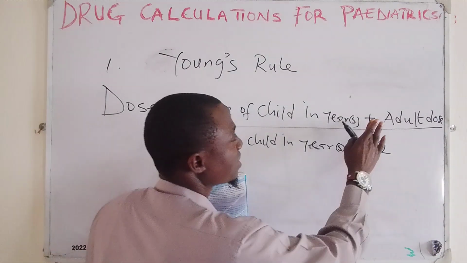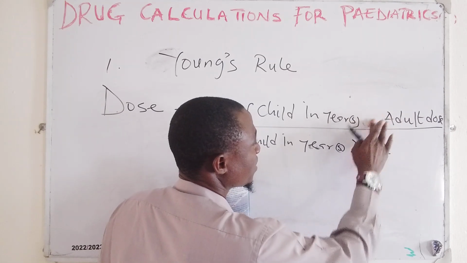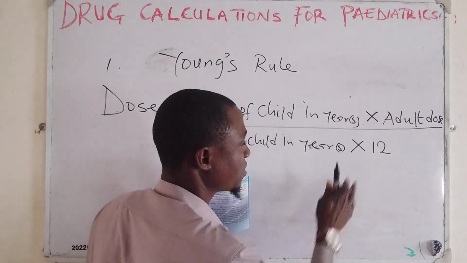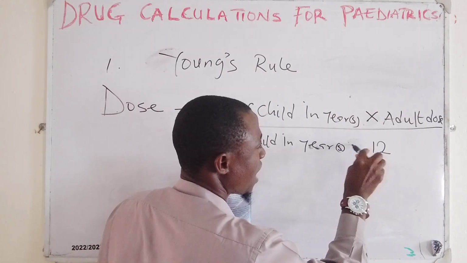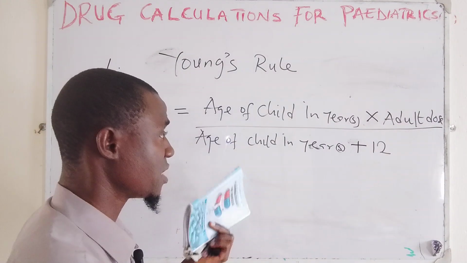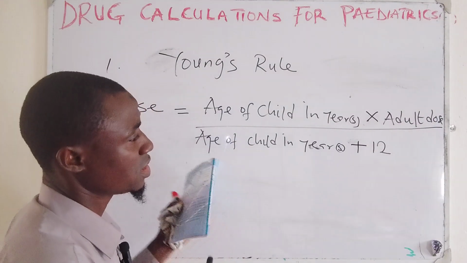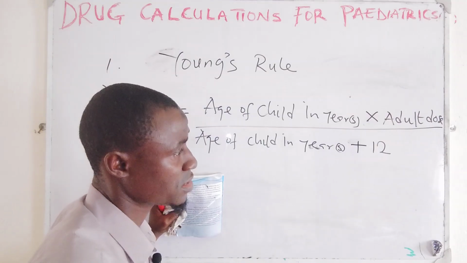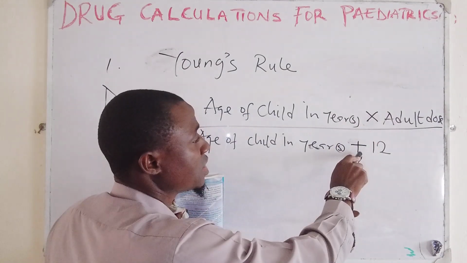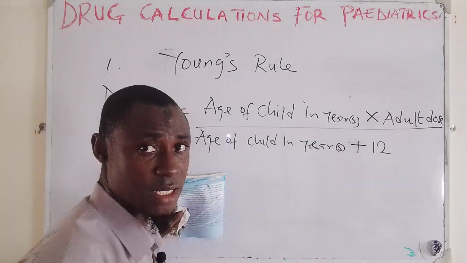What the rule says is that in the numerator here, it is not plus, but rather a multiplication sign, while here is the sign of addition. So please take note of these errors. It can be very damaging if you swap these signs. So in the numerator we have the multiplication sign, and in the denominator we have the plus sign. So please take note.